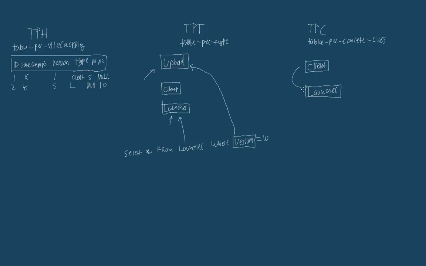So TPC is a nice trade-off, I guess you could say, between TPH and TPT. And it's, like I said, straightforward. In addition, the properties such as P1 and P2 that are different between our concrete types can be represented in a non-nullable way, which is really nice.